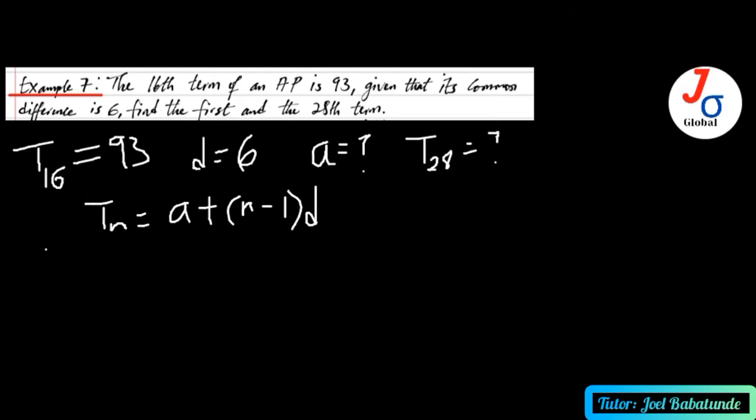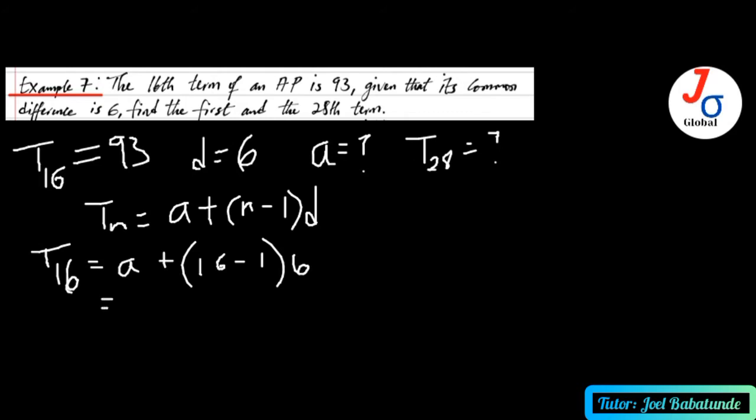So can we say T16 is equal to A? We don't know the A, plus we know our n, the number of terms we're given, is 16, so 16 minus 1, then we're given D, 6.